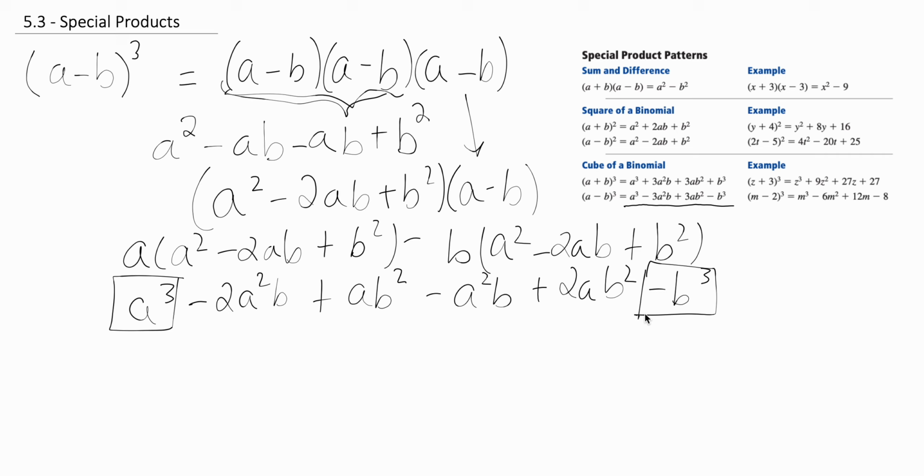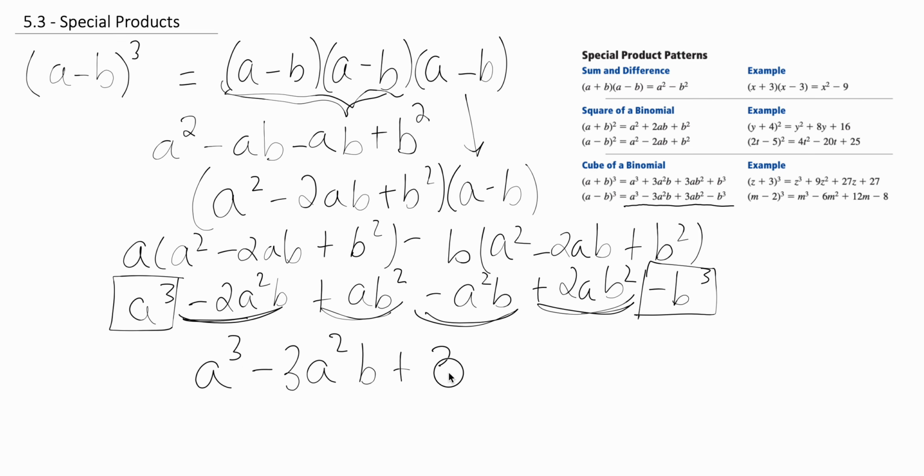If we look at the remainder of the expression, ab squared can be combined with 2ab squared, and minus 2a squared b can be combined with minus a squared b. So we combine what can be combined, and we end with the special product that you see in the picture.